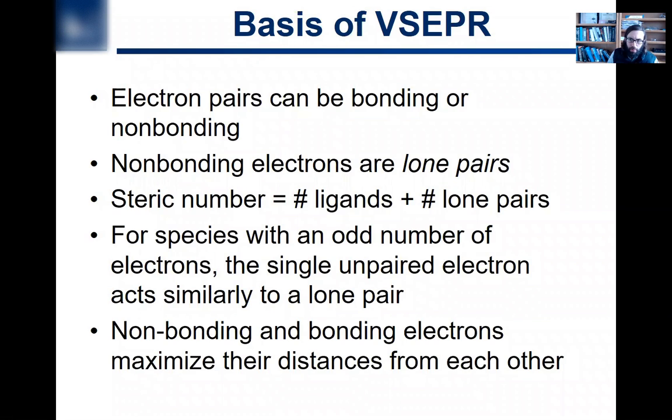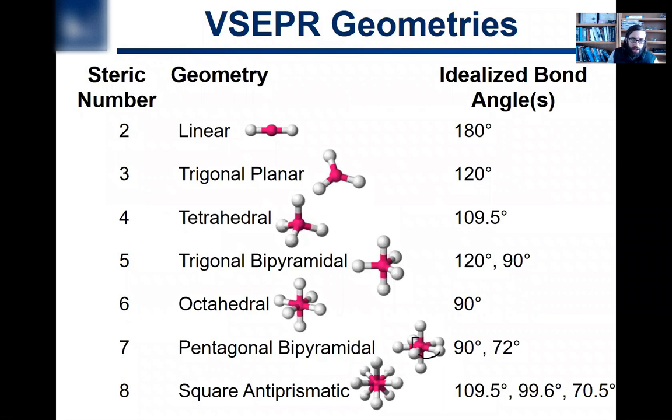And the whole premise of this theory is that electrons want to repel each other. Non-bonding electrons want to repel other non-bonding electrons, and bonding electrons want to repel other bonding electrons, and they want to repel each other. They're going to do this by maximizing their distance from one another. And remember, not only do you have lone pairs, but you have electrons in the orbitals that are participating in bonding.